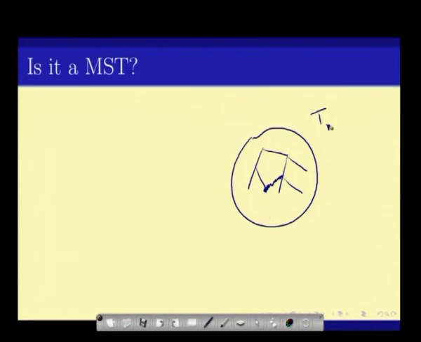So, if this is T min and this is the edge u naught v naught, I add u naught v naught, I get this cycle. At least one of the edges must have a higher edge weight than u naught v naught. I will remove that one and we will get that. So, this way we can ensure that whatever Kruskal's algorithm outputs is correct.